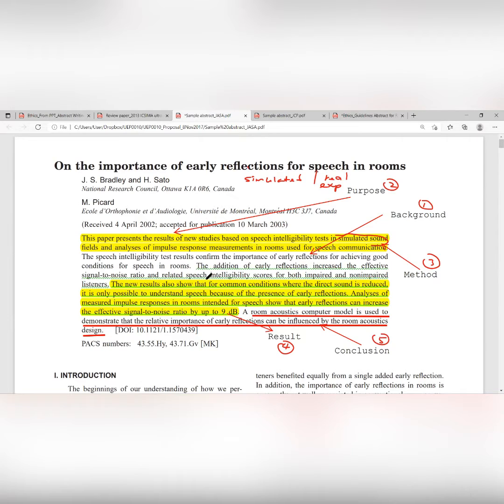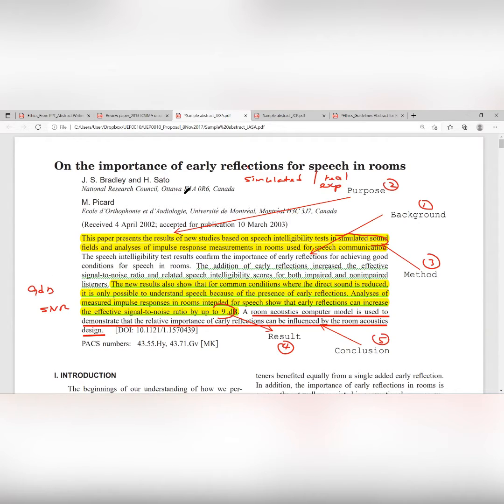From this study, they found that the response in the room with respect to early reflection can increase the effective signal to noise ratio by 9 dB. 9 dB is a lot, but you need to know that this is from the simulation.